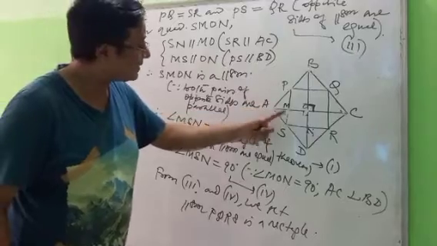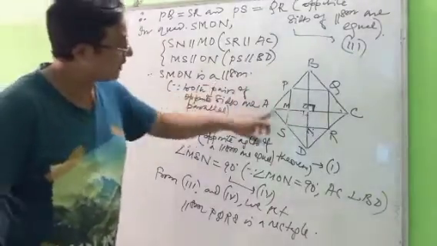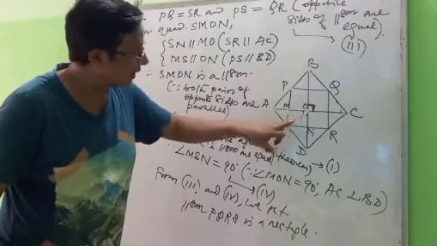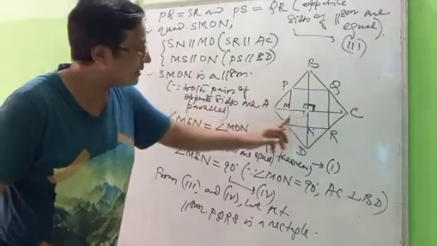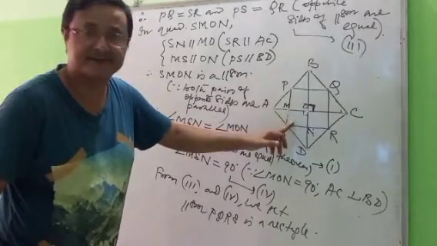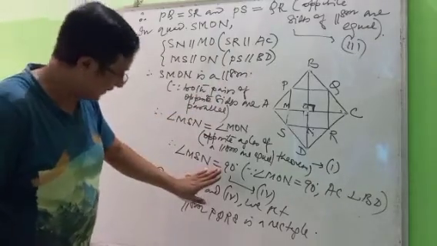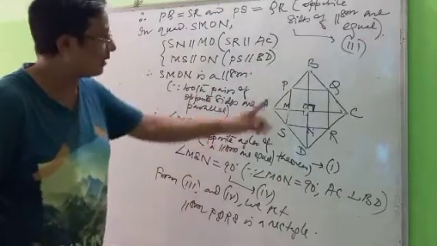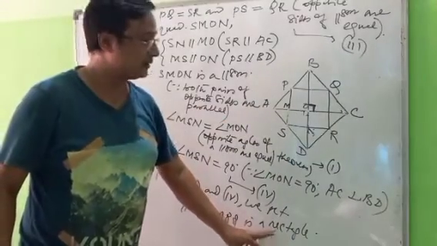Therefore, SMON is a parallelogram. So that is why the opposite angles are equal. So here, since it is 90 degrees, that is why this angle is also 90 degrees. So by comparing this and this equation, this parallelogram PQRS has become a rectangle. So it's proved. That's all for today.